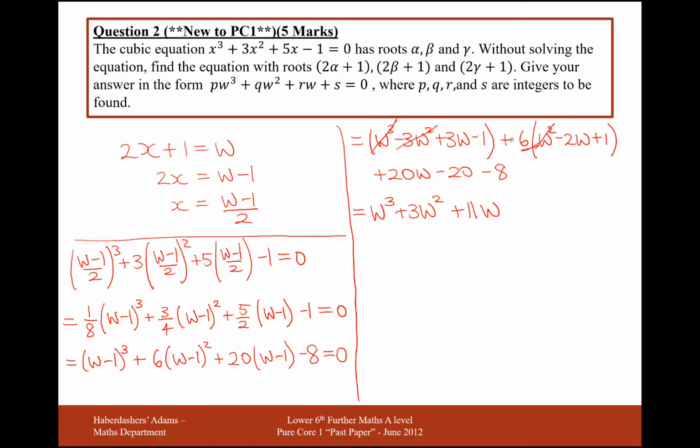And minus 1, add 6, that would be 5. 5 take away 28 will be minus 23. So there we are. There is the polynomial that will give solutions of 2 alpha plus 1, 2 beta plus 1, and 2 gamma plus 1. 5 marks.